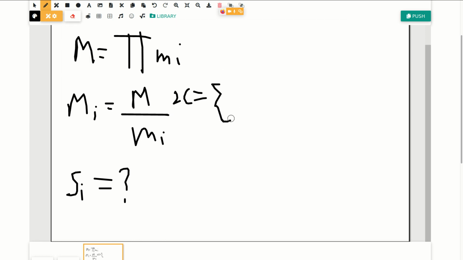Sorry, I'm now confused what just happened over here. So one of the particular solutions to this equation is capital Mi into Si into ai.